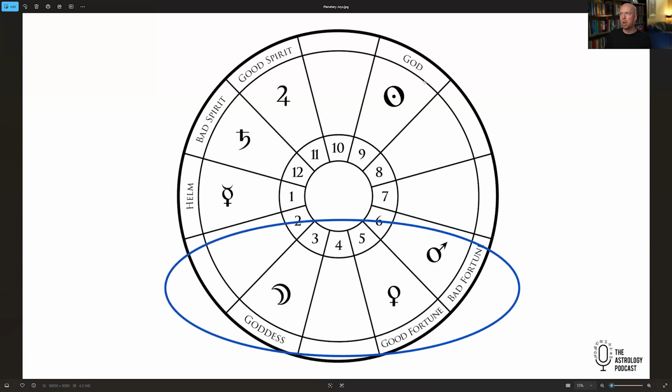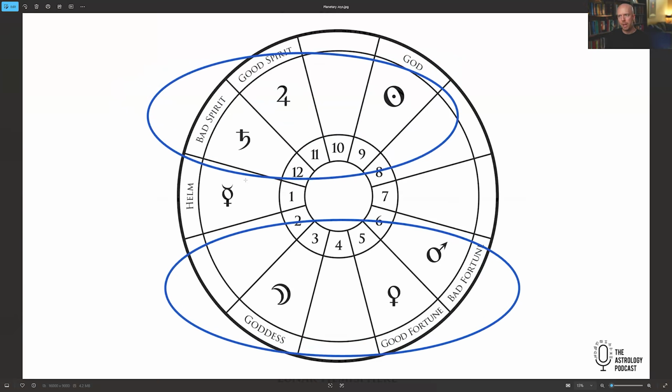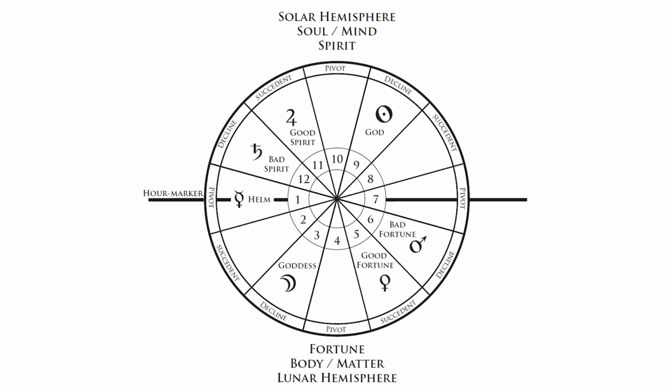Nighttime planets in the bottom half of the chart, daytime planets in the top half of the chart. And then Mercury, of course, which always goes in between, is in the first house. And in whole sign houses, which the Hermes text was using, Mercury can be at the ascendant, and part of the first house is above the horizon, and part of the first house is below the horizon. So Mercury is at the meeting point between the two.